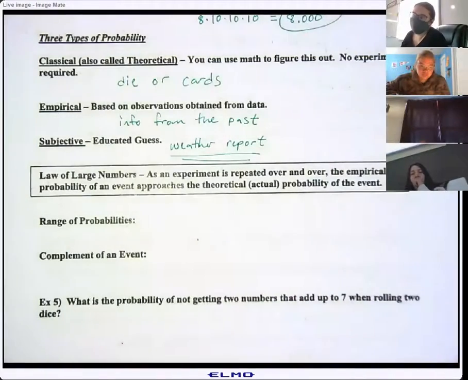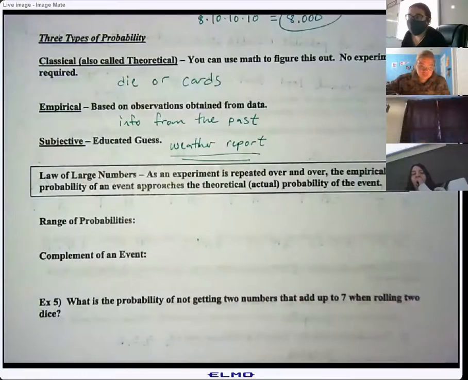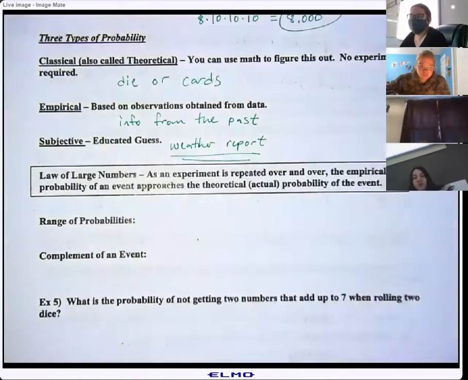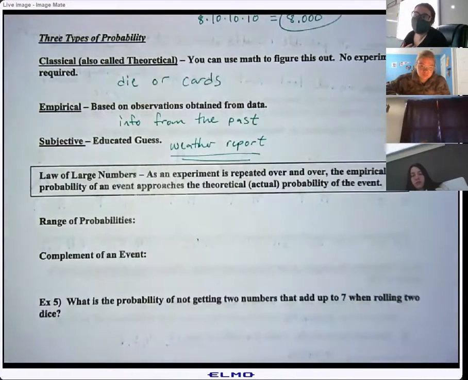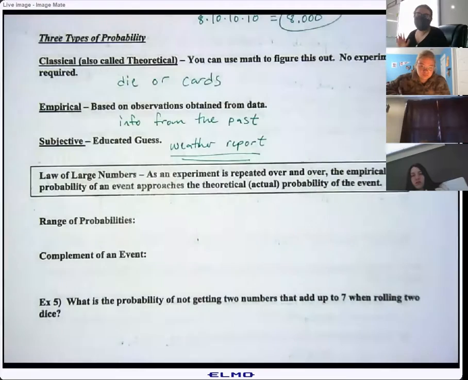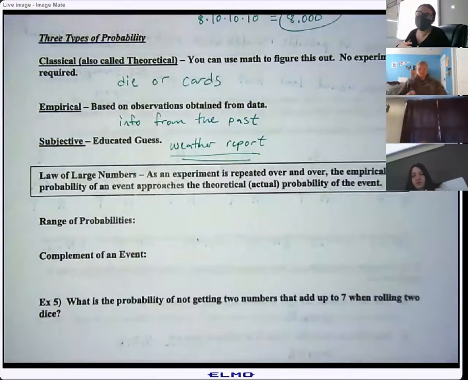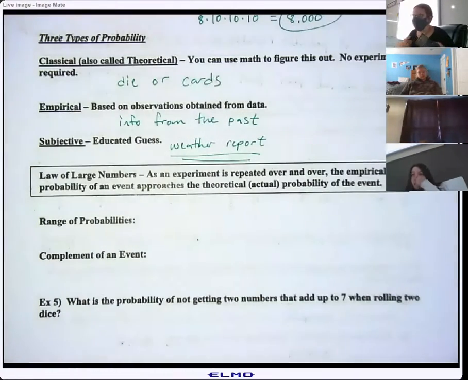But if you rolled it 10 times, maybe you'd have one 2. And then I'd say, it sounds like the probability of getting a 2 is 1 out of 10. And then if you rolled it 100 times, maybe you'd get 15 2s, and I'd say, okay, so now the probability is 15 out of 100. And so the more times you do it, the closer it gets to 1/6, exactly what you would think. That's what law of large numbers is.